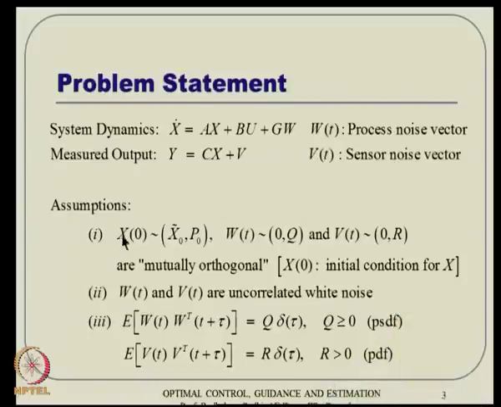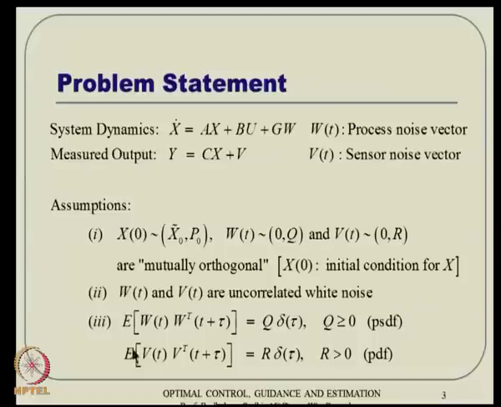I also had some assumptions. The initial conditions are described by a mean value and an associated covariance matrix. W and V are uncorrelated white noise, and x naught, W and V are mutually orthogonal.